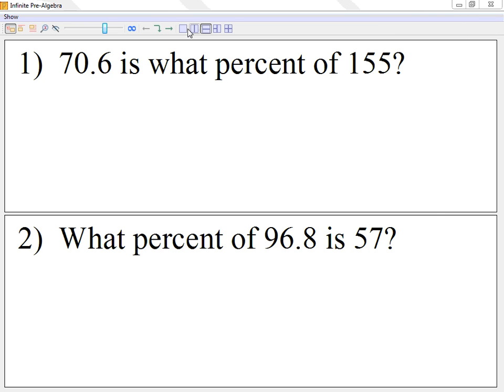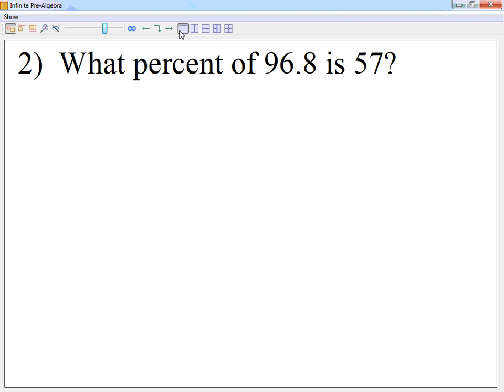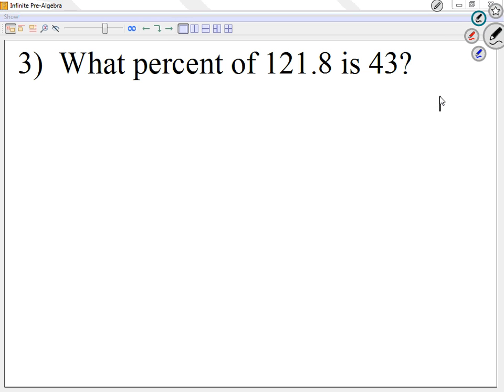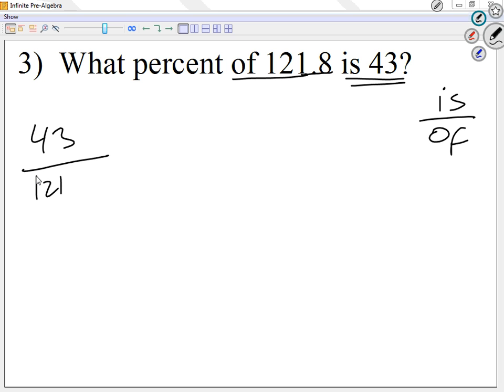Let me take a look at question number 3. Once again, remember, it's going to be is over of. The "is" is what goes on top. Here for number 3, what percent of 121.8 is 43? So the "is" goes on top, so I'm going to write 43 divided by 121.8.